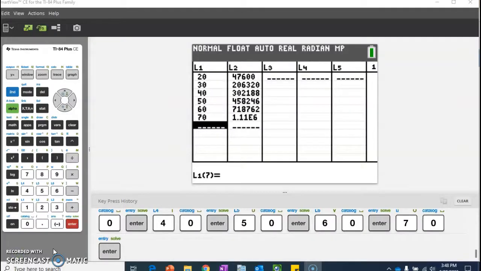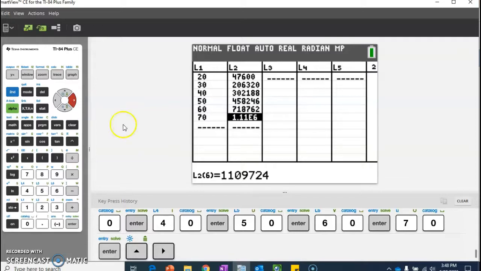All right, so notice I've entered the data into Stat and Edit, and I want you to notice the last entry in L2. I entered the actual value that's on the table, but the calculator shows it in L2 as 1.11 E6, meaning times 10 to the 6th.